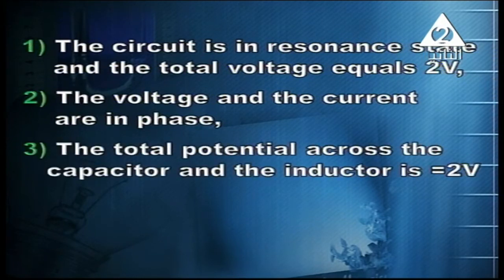Total potential difference across capacitor and inductor is 2? No. In this case, since VL is equal to VC, voltage across both of them should be 0.